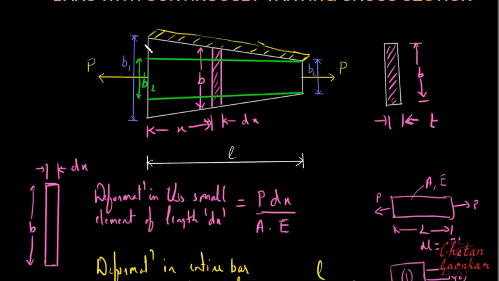So how much will be this distance from this point to this point? It will be b1 minus b2, right? But b1 minus b2 gives us this and this. In order to get only this height, it will be (b1 minus b2) divided by 2, right?